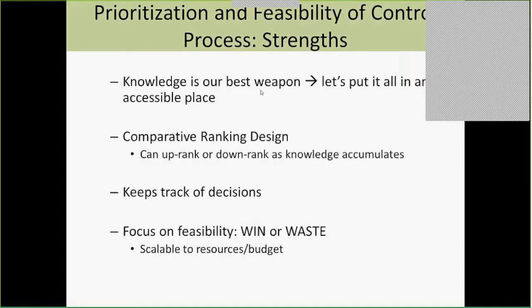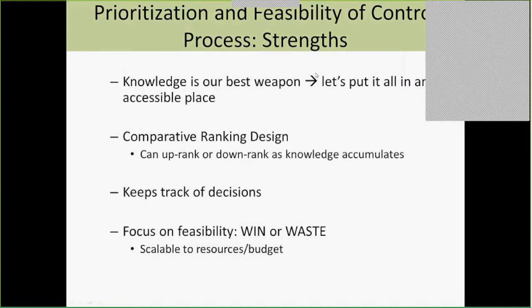All right, so that's basically the whole process. I think there are a few strengths to this process. The first one being that knowledge is going to be our best weapon when going for eradication. It's often going to be like a weird life history trait, or like a list of landowners or something like that, that's going to be the chink in the armor that's going to let us eradicate a species.